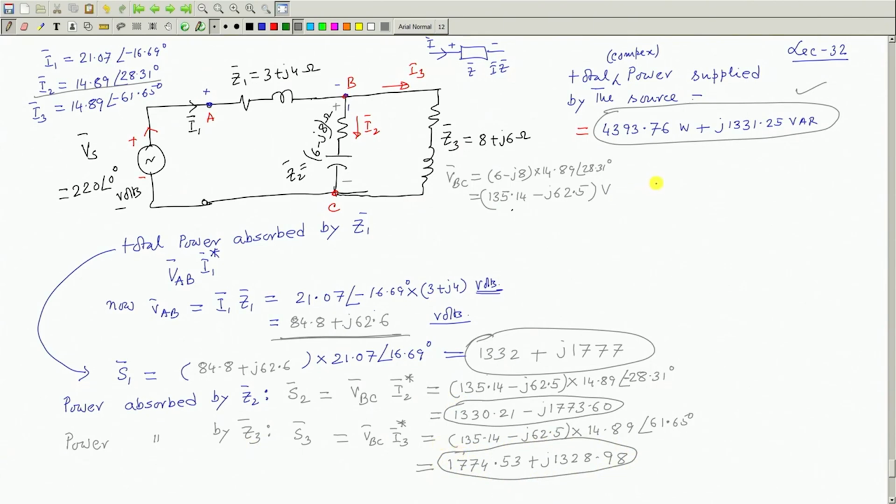Therefore, I will write total power absorbed by all the loads, that is by Z1, Z2 and Z3, will be the sum of this plus this, these three you add up.